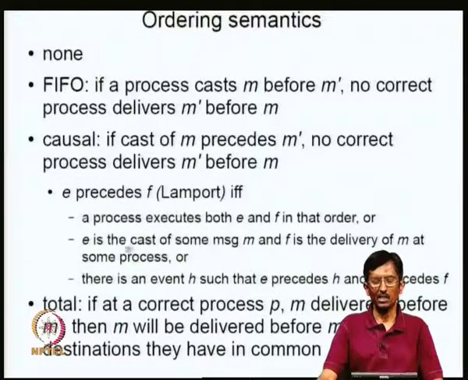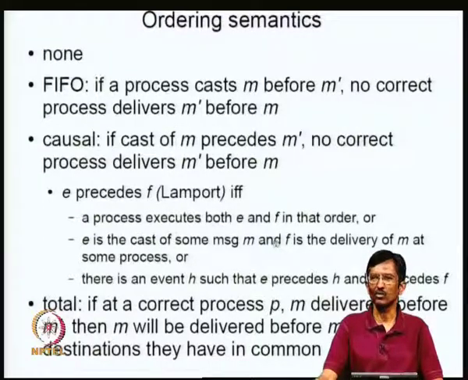If E is the broadcast or multicast of some message M, and we look at the delivery of M at some other process, then we can say that E is before F, E precedes F, because E has been sent earlier, therefore it can be delivered.